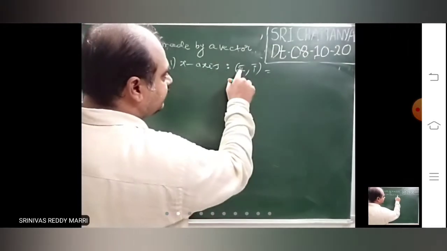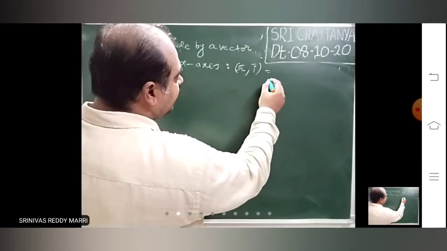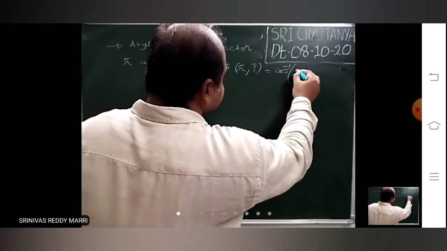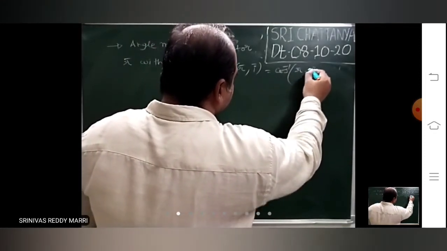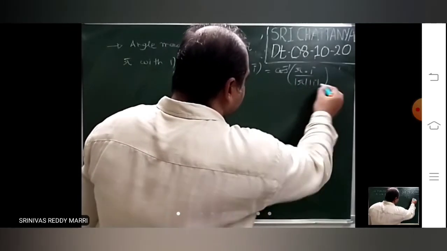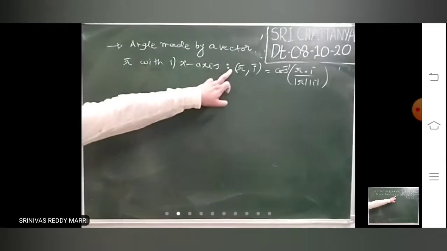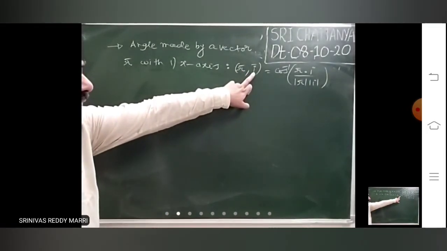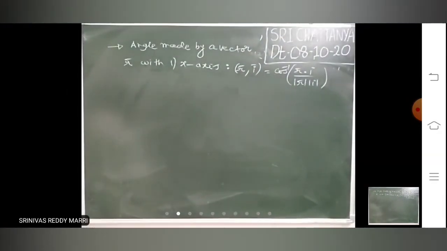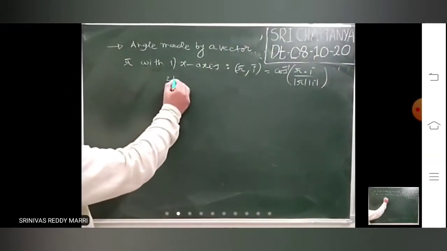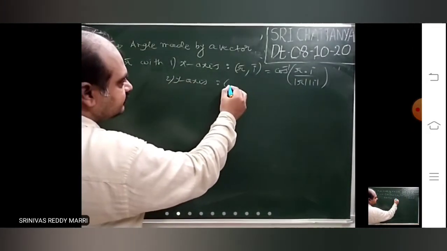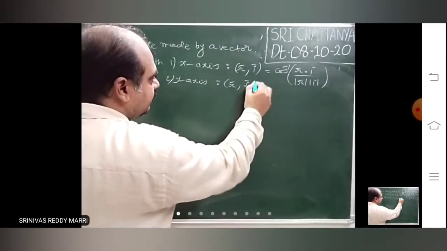The angle between a bar and b bar is nothing but cos inverse a bar dot b bar divided by modulus a bar into modulus b bar. Angle between r bar comma I bar is nothing but angle made by the vector r bar with x-axis. Similarly with y-axis. Y-axis is nothing but r bar comma j bar.